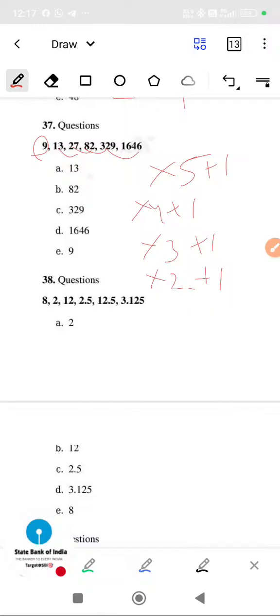So this one is the wrong number. 9 is the wrong number. It must be 1 times plus 1, which means 12 1 times. So the answer will be this one. 9 is the wrong number.